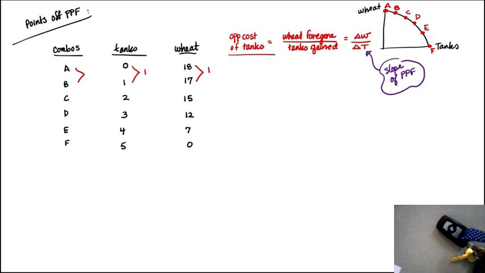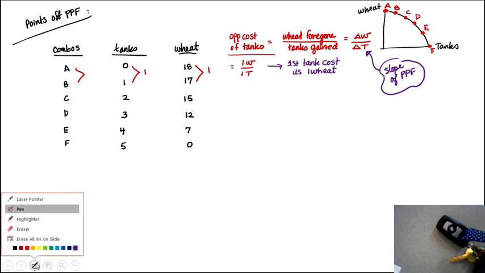So it's basically a negative 1, foregone. So what's the opportunity cost of the first tank? 1 wheat is given up to gain 1 tank. So what does the first tank cost, everybody? Yeah. So the first tank has an opportunity cost of 1 wheat. That makes sense to everyone?